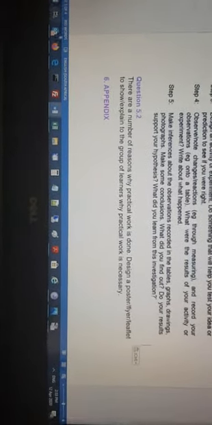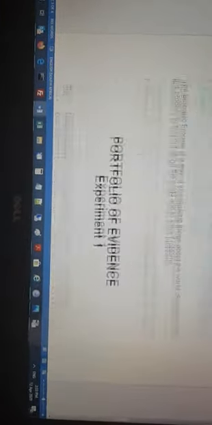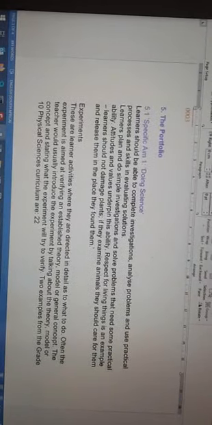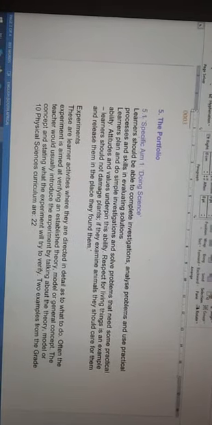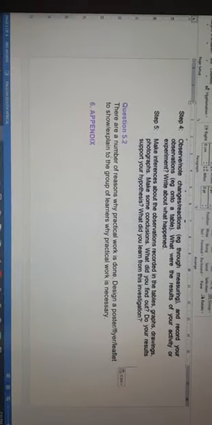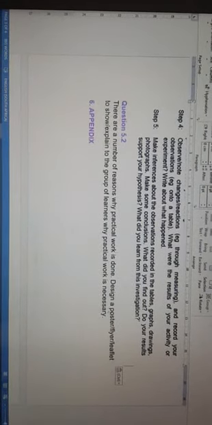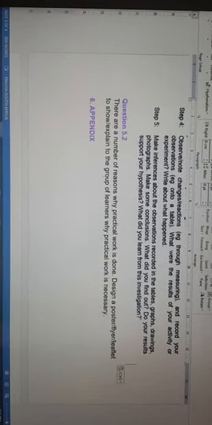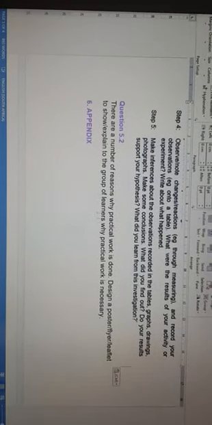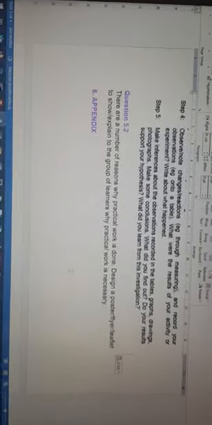It says there, remember now, we've done experiment 1 and 2. That 5.2 is still part of your portfolio. Remember, the portfolio was 5.1 to specifically aim at doing science. 5.2 is saying there are a number of reasons why practical work is done. Design a little poster or flyer to explain to the group why practical work is necessary.